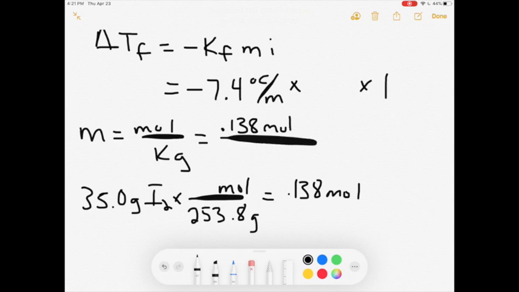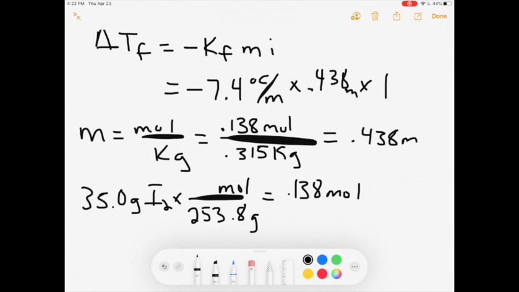And now I need kilograms of solvent. It tells us we have 315 grams of phenol. So I just divide that by 1,000 and get 0.315 kilograms of phenol. And that gives me a molality of 0.438. So that's my missing piece here, 0.438.